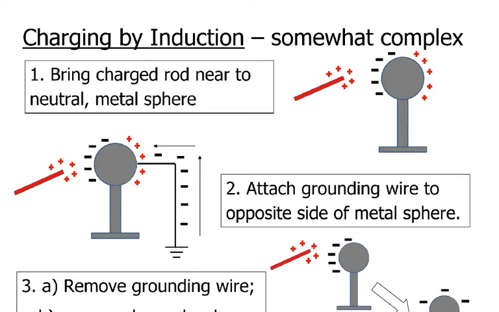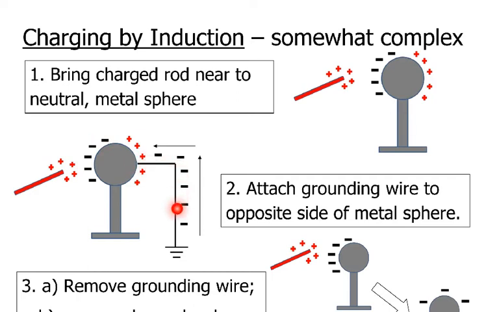All right, so now we've done that. Step 2 is to attach a grounding wire to the opposite side of the metal sphere, which is positively charged. So this side of the sphere has a net plus charge because its electrons have moved over here. Not all of them, but some of the electrons have migrated this direction, so there's a positive charge on this half of the sphere and minus on this side.